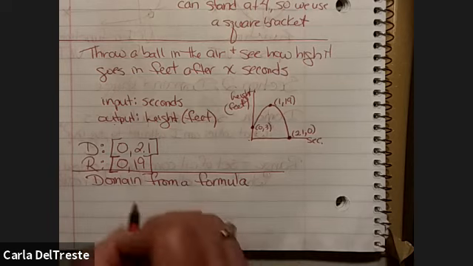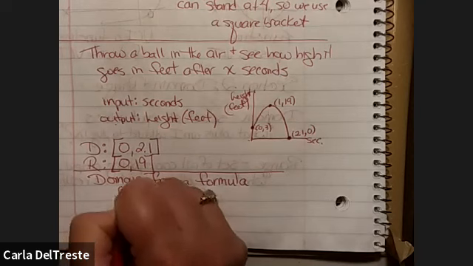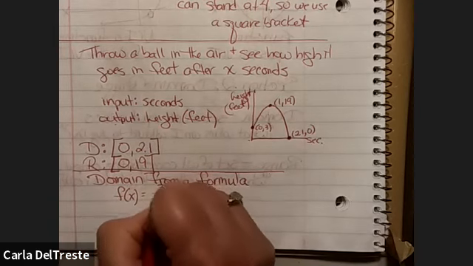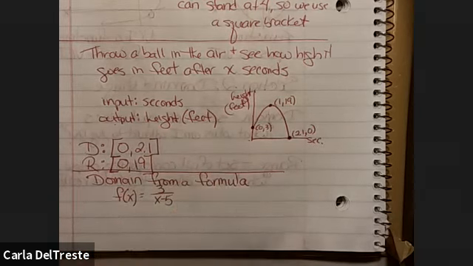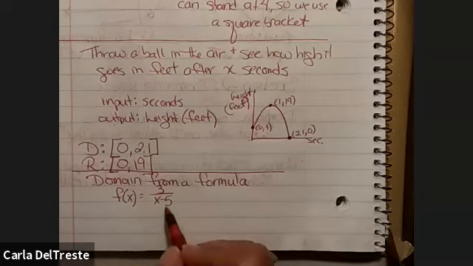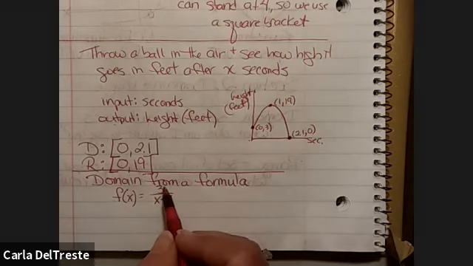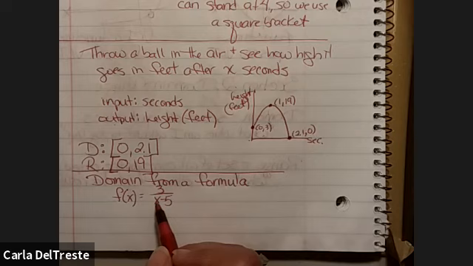Let's say we had f of x equals 3 over x minus 5. This is where you have to be a little bit more sophisticated with your knowledge of fractions, okay? Because this is a fraction, 3 over x minus 5. 3 is the numerator, x minus 5 is the denominator.